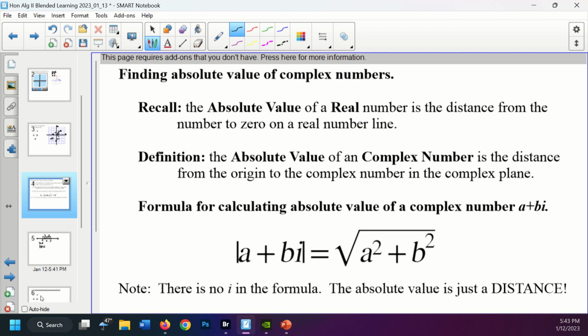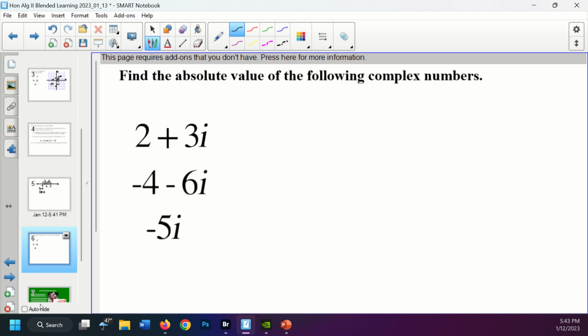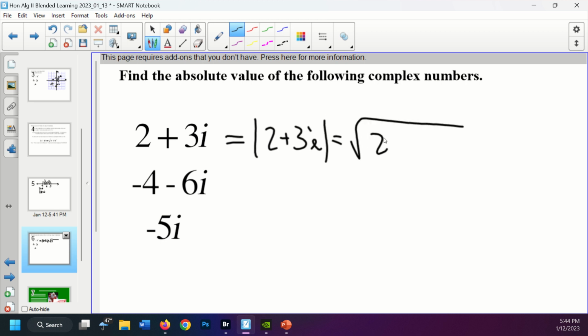So let's do a couple of quick examples. To find the absolute value of 2 plus 3i, we're going to say that the absolute value of 2 plus 3i is just the square root of 2 squared plus 3 squared.